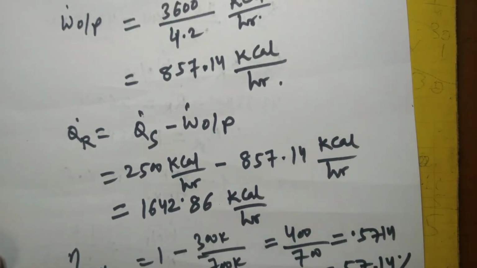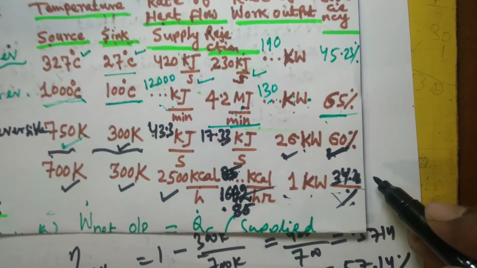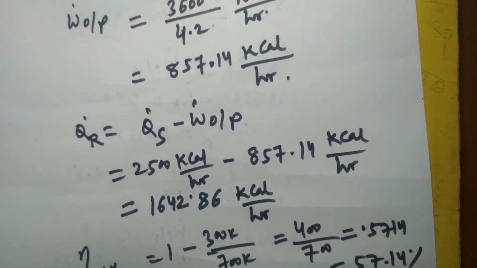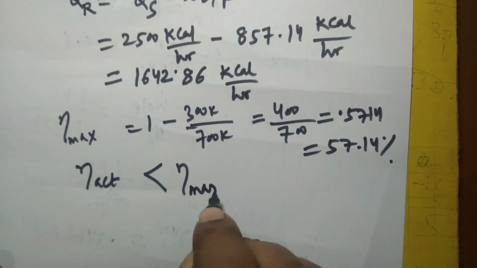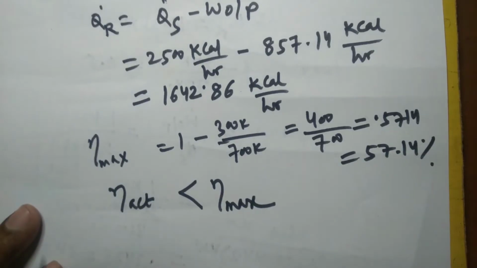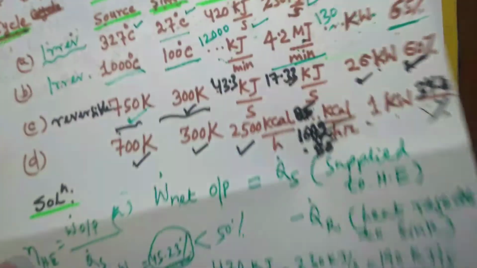But we have calculated the efficiency of this actual heat engine as 34.28%. And since the efficiency of this actual heat engine is less than the maximum possible efficiency of any heat engine between two given temperatures, this is a case of an irreversible heat engine.